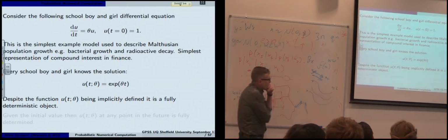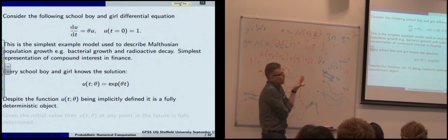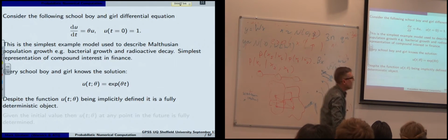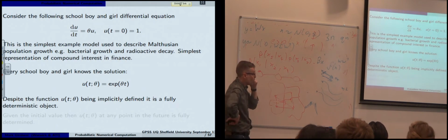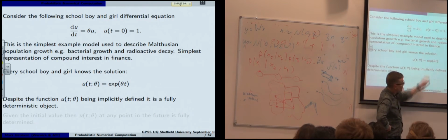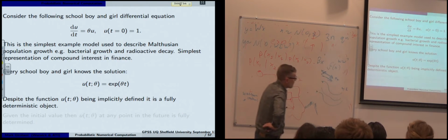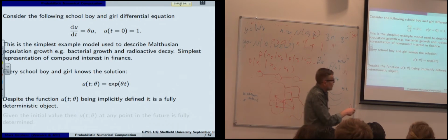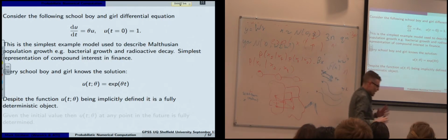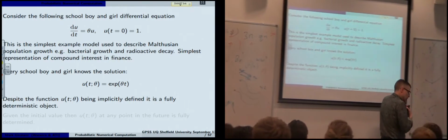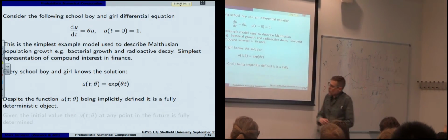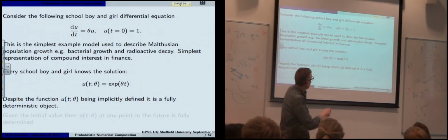Now, the thing here is that despite us looking at this as a latent variable problem, a latent function problem, once we've got the solution, then this is a fully deterministic object. Right? So if this function describes our little world of growth or decay, then it's fully determined given the initial value.